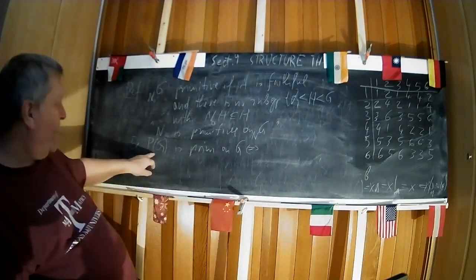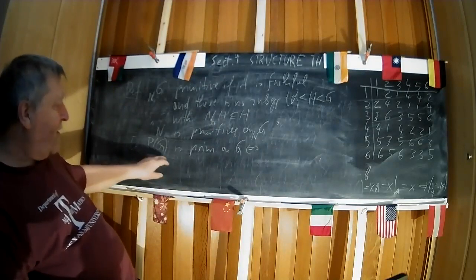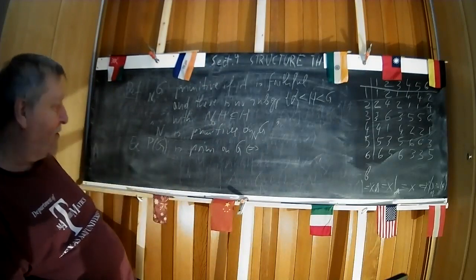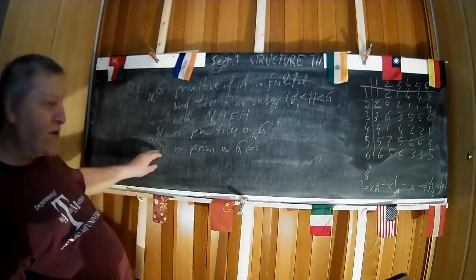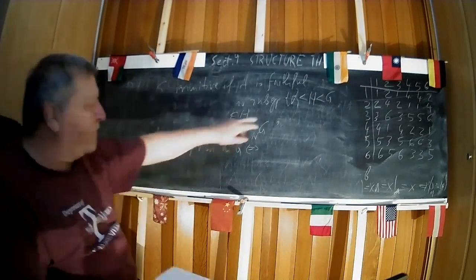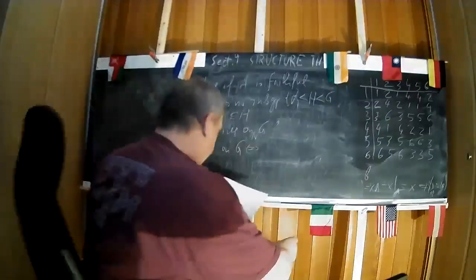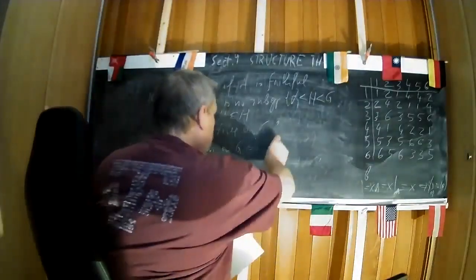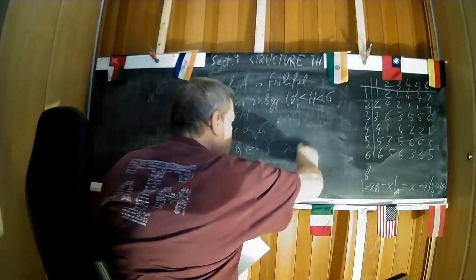We know P_0(G) consists of all sums of inner automorphisms. So it's primitive if it's closed with respect to inner automorphisms. And this means simply that G must be a simple group. It cannot have any proper normal subgroup. So if G is a simple group.